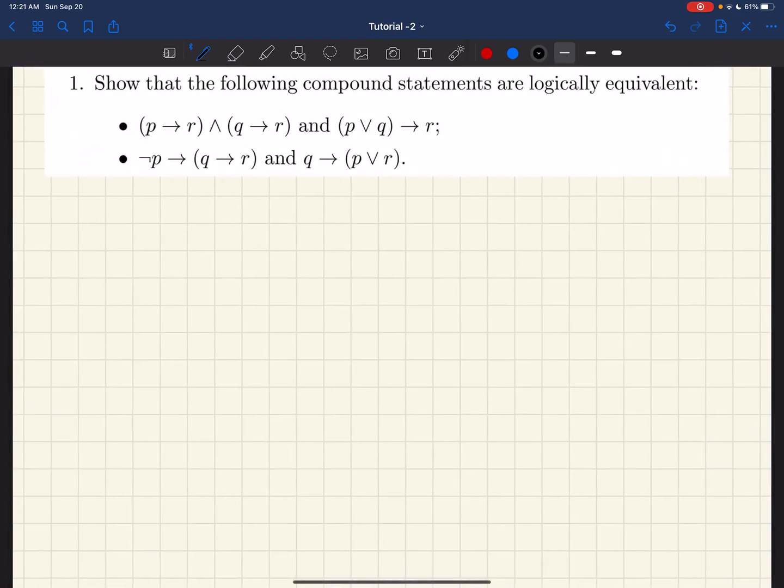For the first statement, since we have three variables, we would need 2 to the power n, so 2 to the power 3 rows, that would be 8. So we'll start by creating a truth table with P, Q, R.